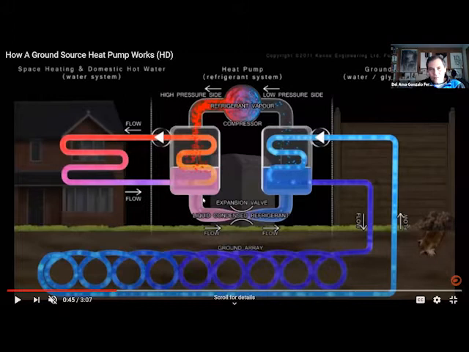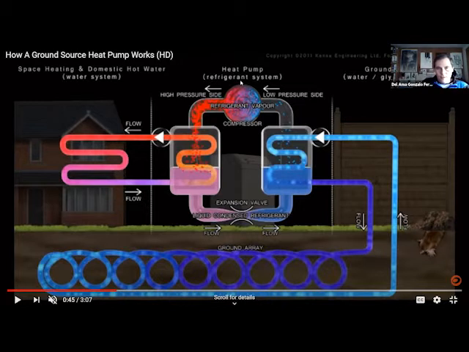And inside we have four elements: the compressor, the expansion valve, the evaporator and the condenser. But through this closed loop, we don't have water. We have this refrigerant fluid.